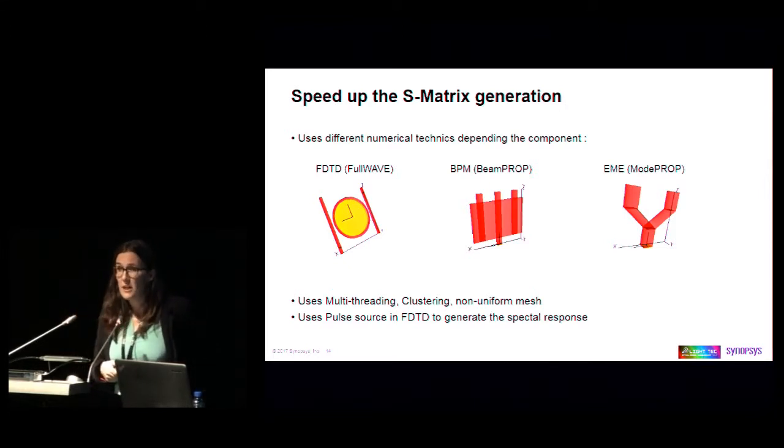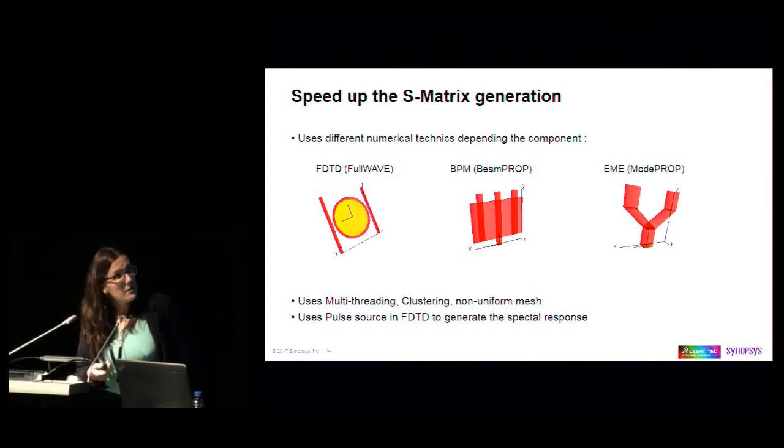BPM is beam propagation method. It's not the target to explain these numerical methods. They are quite well known since a long time. But they have some advantages and disadvantages, and inside RSoft, we give the user the flexibility to use one of these methods to be as efficient as he can for a specific component.